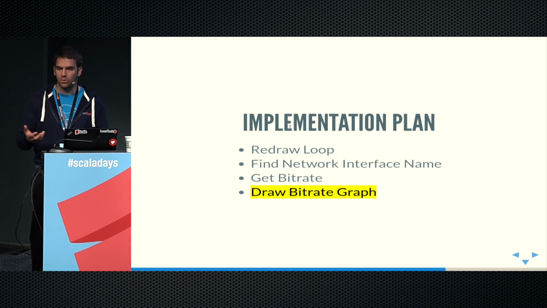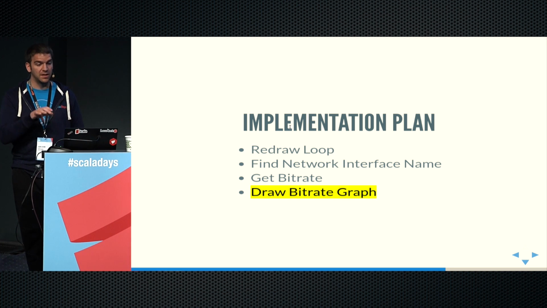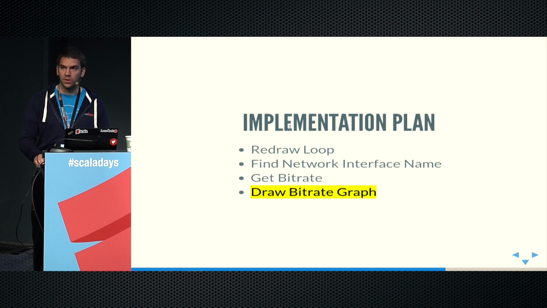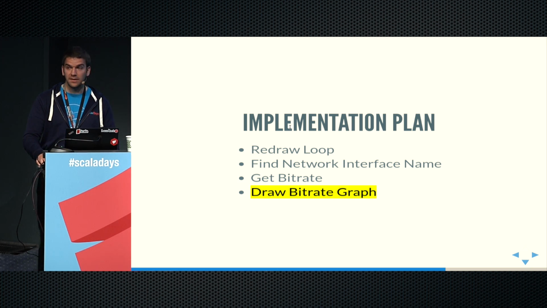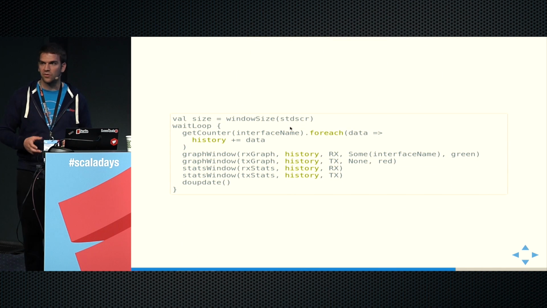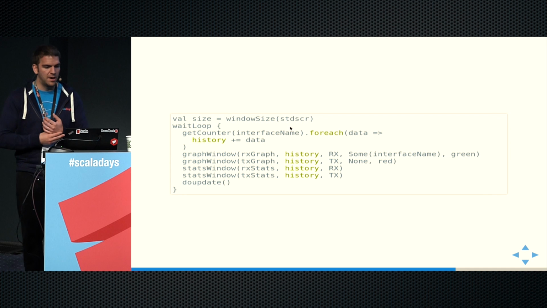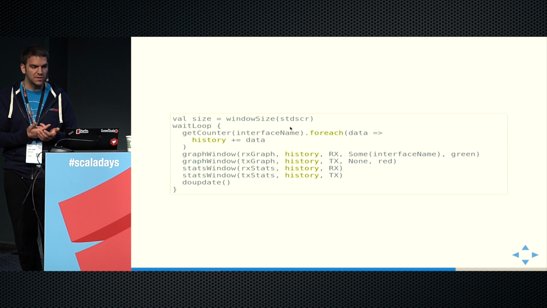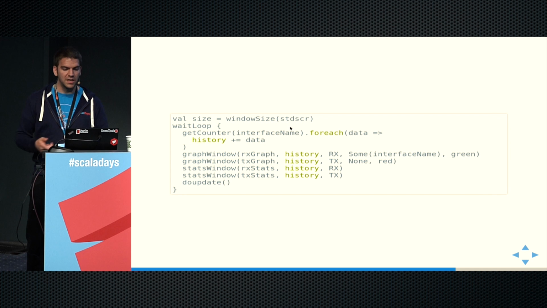All right, for the remainder, this is how we can collect the information, collect the counters that we receive from the packet, and then draw them finally on the screen. So this is the top level part of the program. We use this wait loop that I defined on the first segment. So this will be called each second.